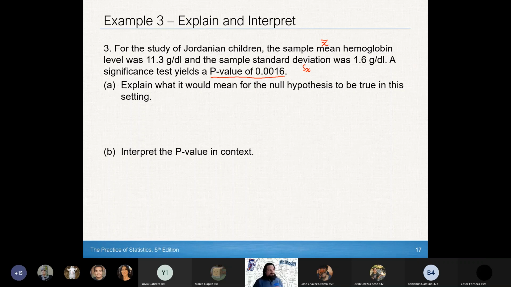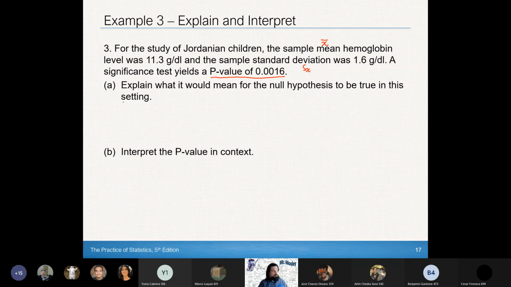Part A here, explain what it would mean for the null hypothesis to be true in this setting. We're not considering the results. We just want to know, what does it mean if the null hypothesis is true? Right.